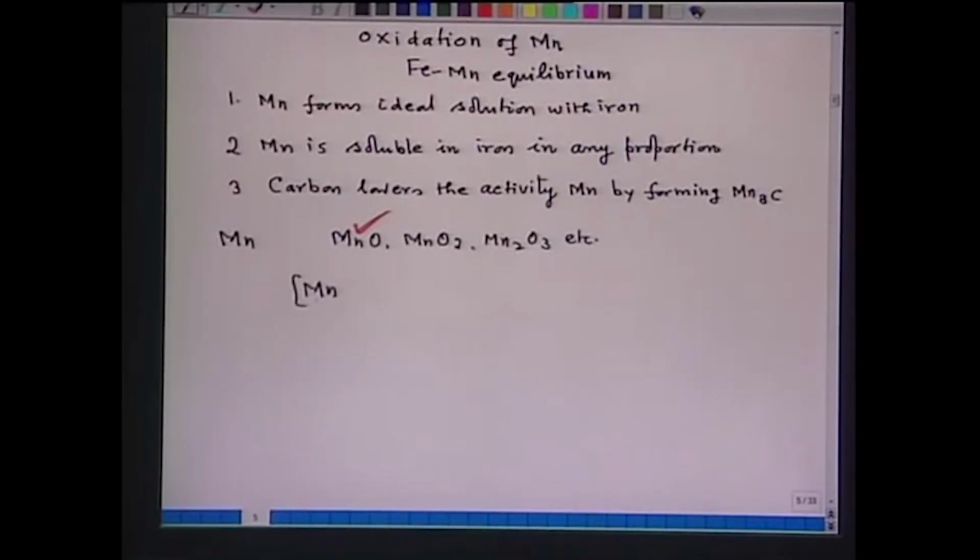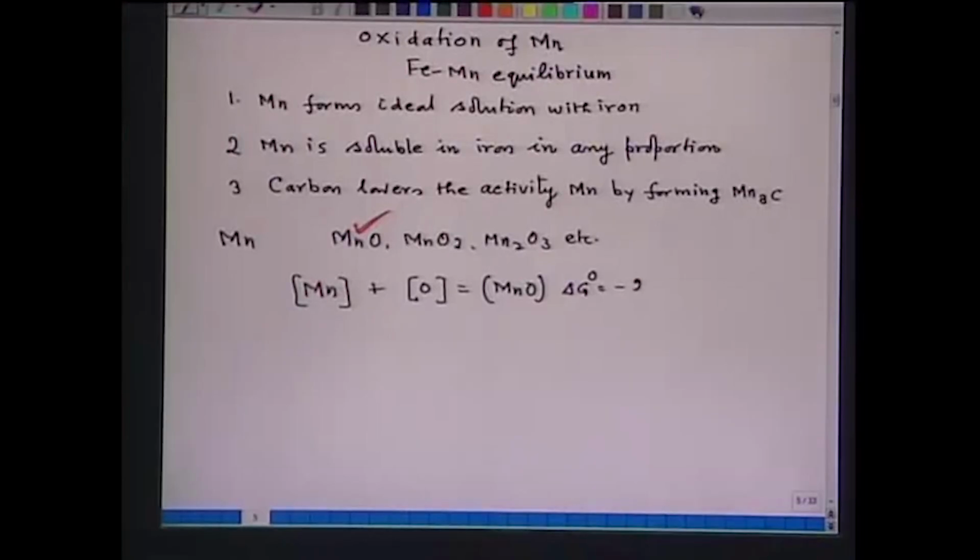So, we write down the reaction: manganese plus O is equal to MnO in the slag, and the value of delta G naught, the standard free energy change. These values of standard free energy change are given when the activity of the respective components is in their own standard state. So, delta G naught for this reaction is minus 244,521 plus 108.78 T, and let us call this reaction number 8.